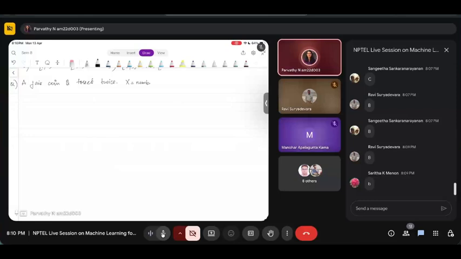So there is a pair of coins and it is tossed. X is a random variable that represents the number of heads. What is P of x is equal to 1?